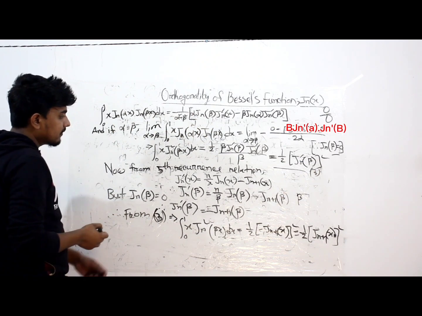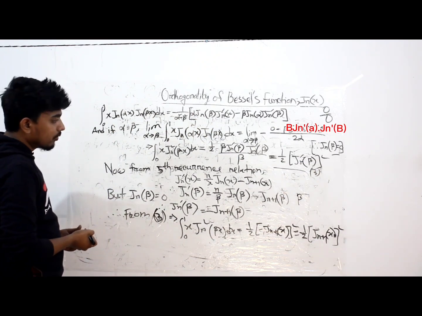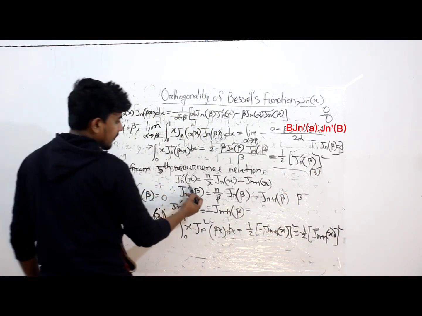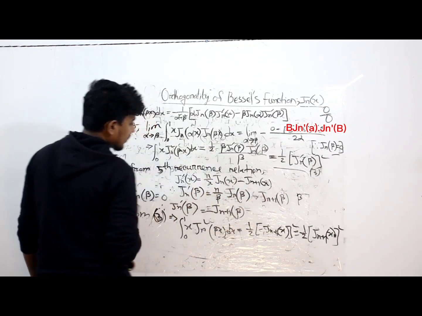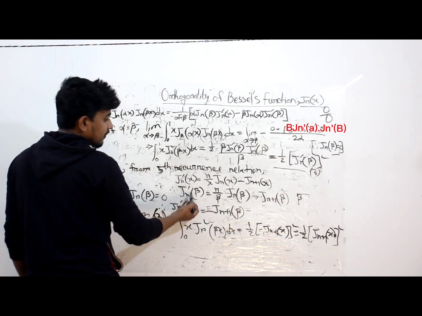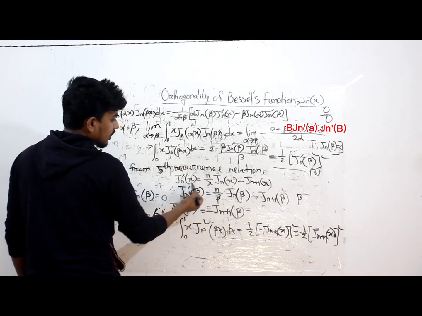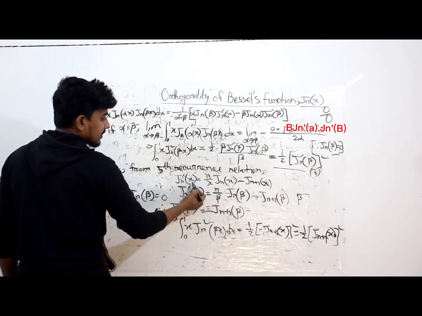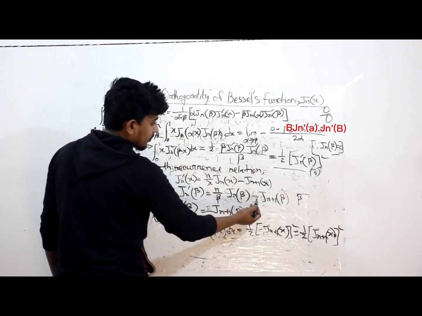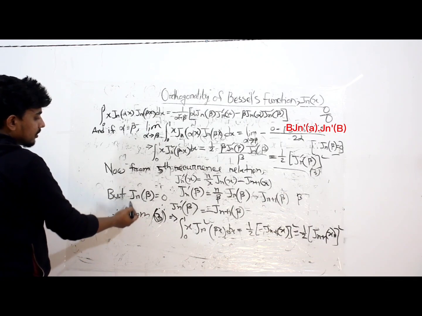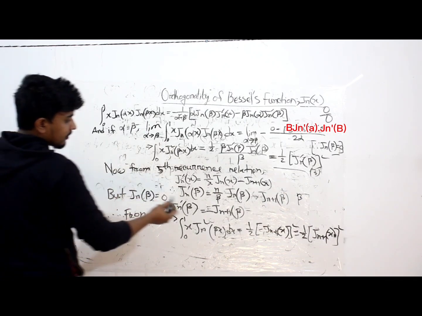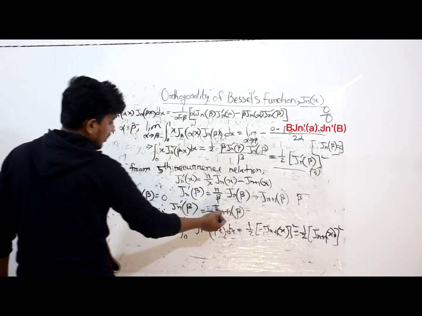Now from the fifth recurrence relation we can write Jn prime of x equals n by x Jn of x minus Jn plus 1 of x. Then Jn prime of beta equals n by beta Jn of beta minus Jn plus 1 of beta, replacing x by beta. But we have known that Jn of beta equals 0, so the term n by beta Jn of beta will be 0.